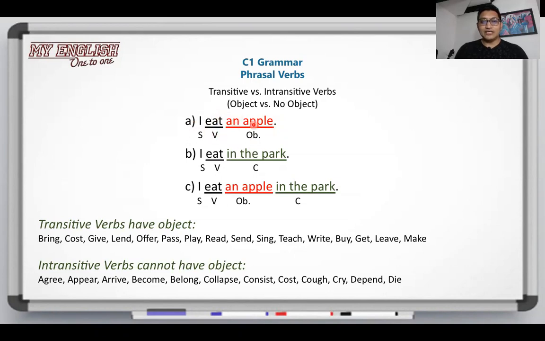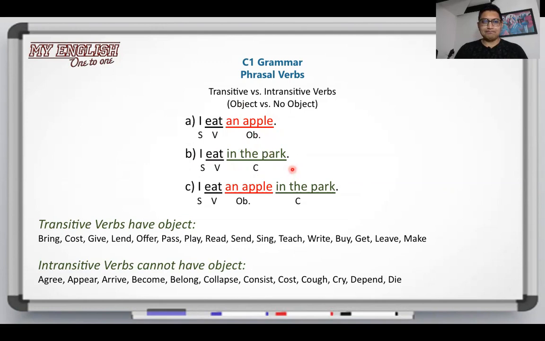In other words, if you eat an apple, the apple finishes. It transforms from food to energy. But it is not always necessary to put the object. Sometimes you can put only the complement, like in this sentence B, I eat in the park. Now, in the park is not an object, it is a complement.